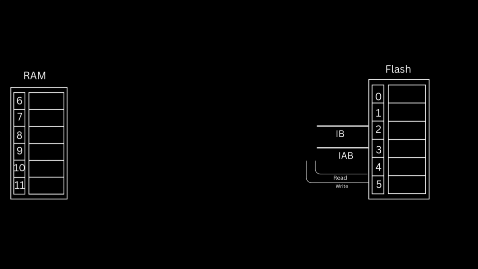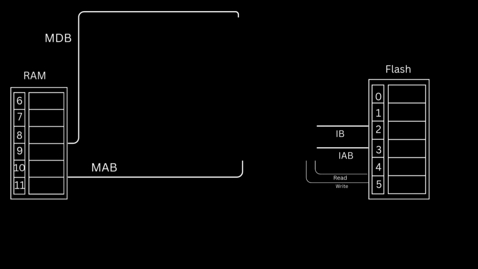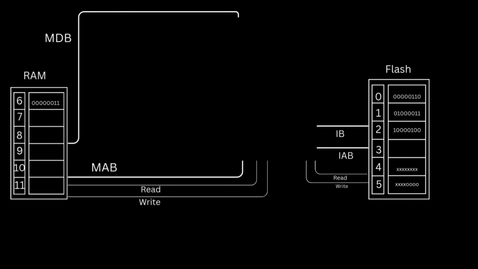Next, we have the buses that connect the CPU to the RAM, or data memory. The memory address bus, which tells the RAM where to fetch or store data. The memory data bus, which carries the actual data to and from the RAM. And again, a set of control buses to manage operations. We'll place a set of instructions inside flash and run them so you can visualize how the CPU operates in real time.